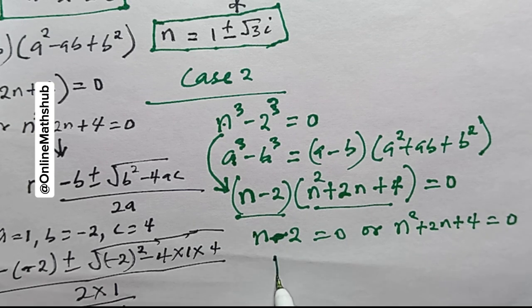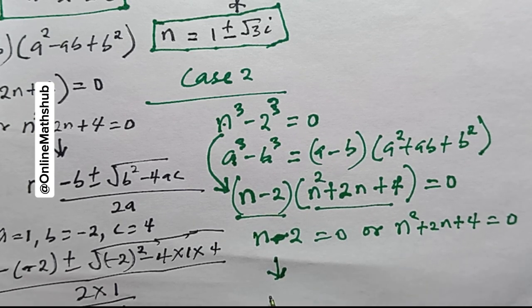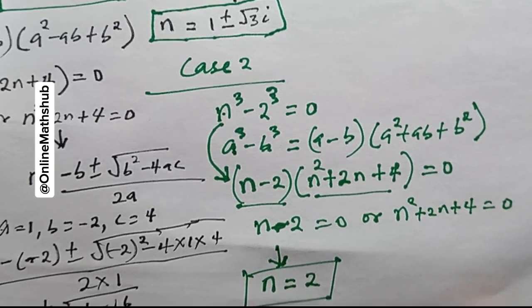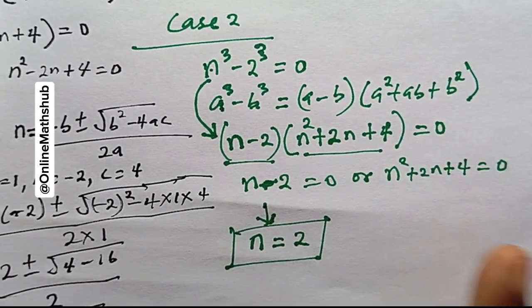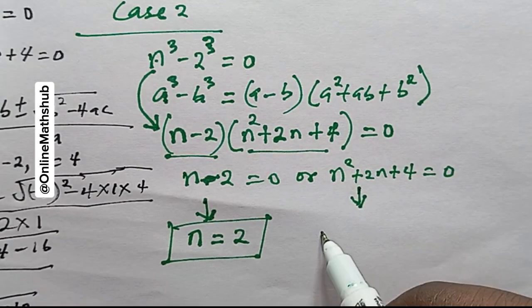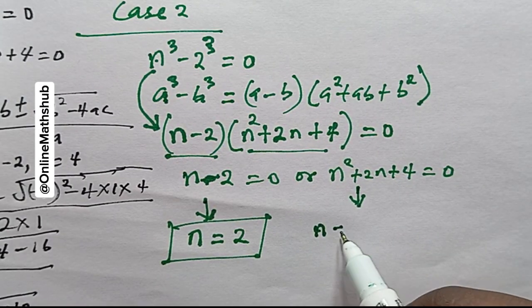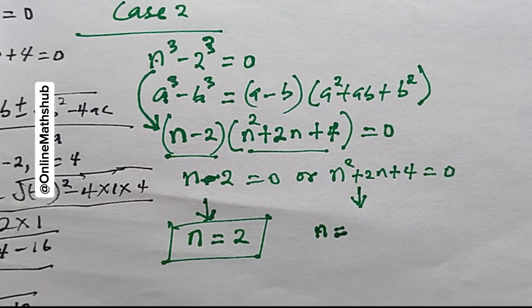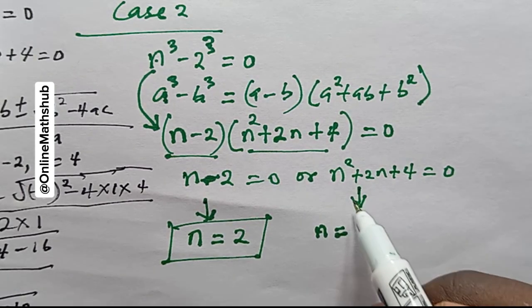If n minus 2 is equal to 0, n is going to be equal to 2, and this will form the 4th value of n which will satisfy the problem we are solving. If we consider this case right here, we just need to apply the quadratic formula to find the values of n.